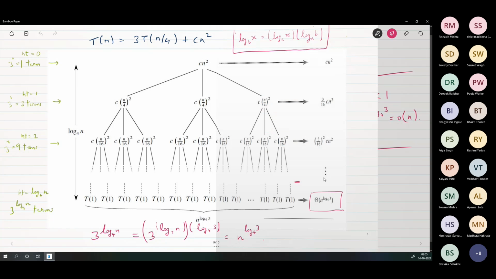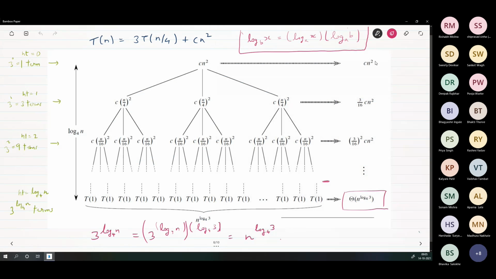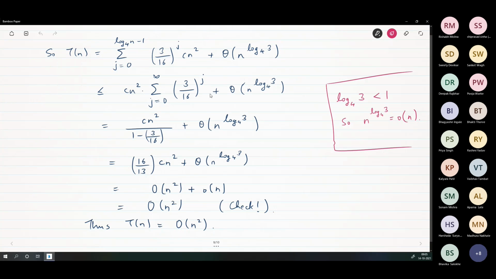That is why the cost is j going from 0 to log n to the base 4 minus 1, 3 by 16 to the j times cn squared. That is exactly what we have. cn squared, 3 by 16 cn squared, 3 by 16 squared cn squared, and so on up to the level log n to the base 4 minus 1. So 3 by 16 to j cn squared plus at the last level you have this term theta of n to the log 3 to the base 4.